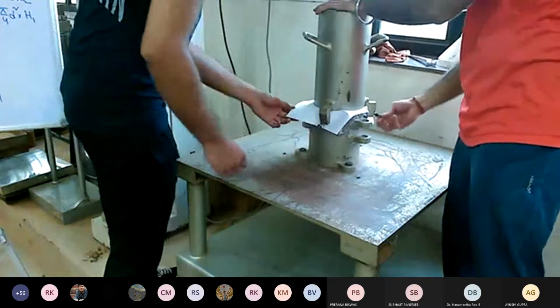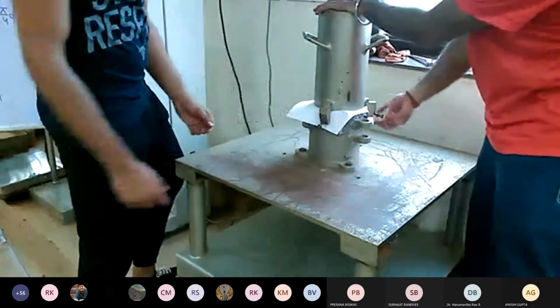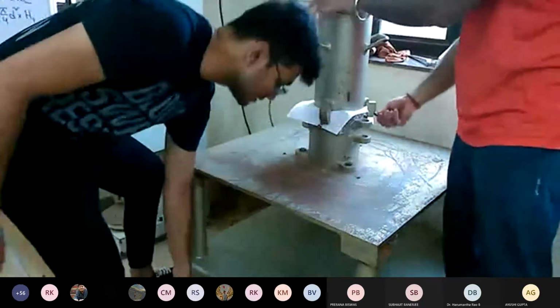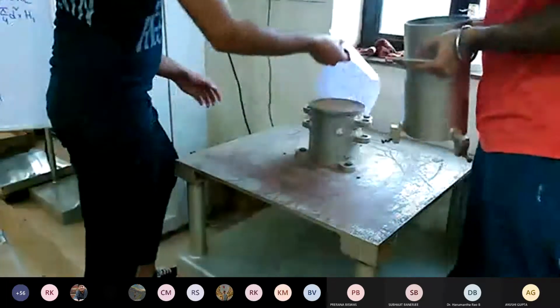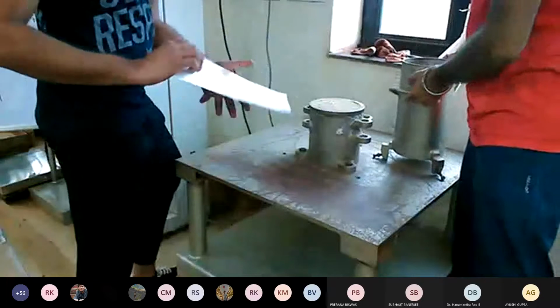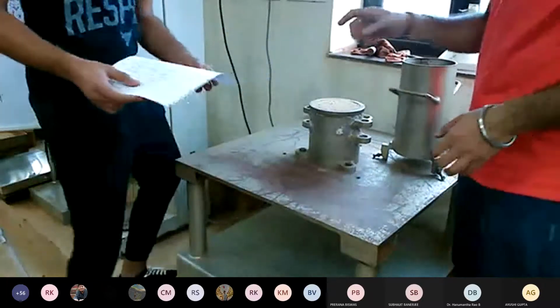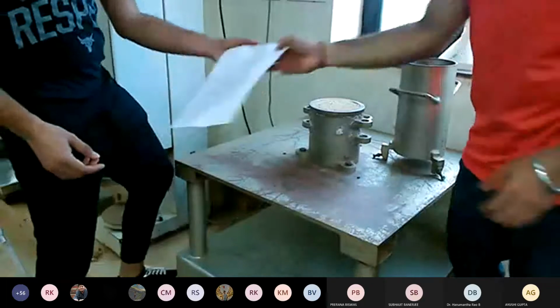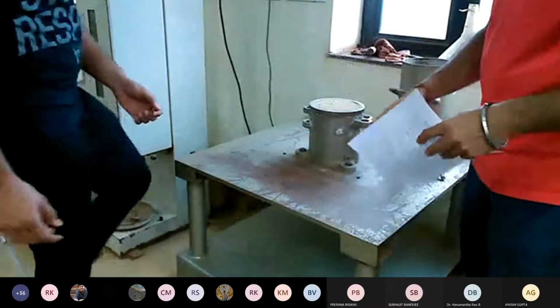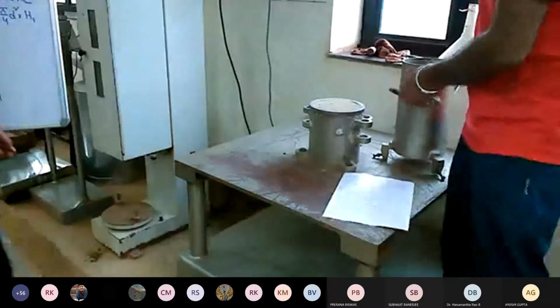You have to put this one also, no? Where do you put the base plate? हाँ बेस प्लेट भी will put, but paper will be cut. Keep it directly, then without paper.